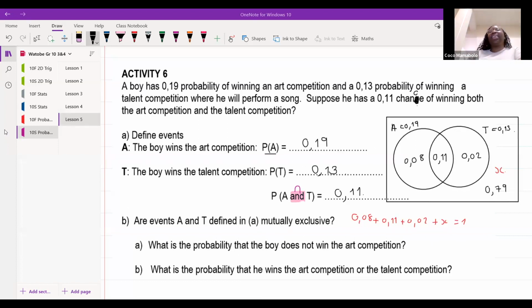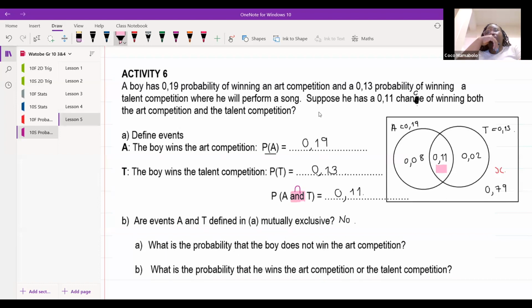Namisile, why do we say that the events are not mutually exclusive? Because number one, the circles have an intersection, and for it to be mutually exclusive, they're not supposed to have an intersection. Correct. But what does the intersection actually tell us?